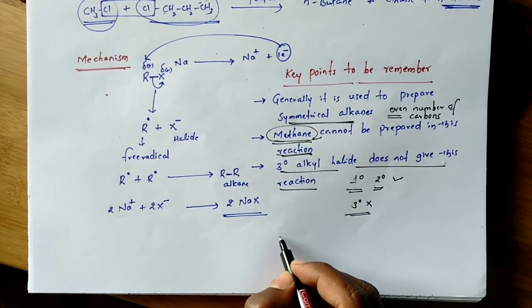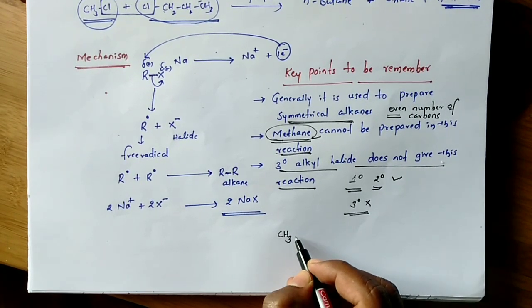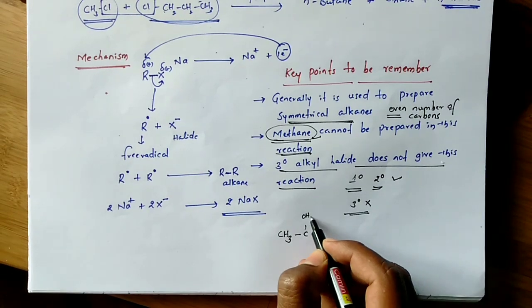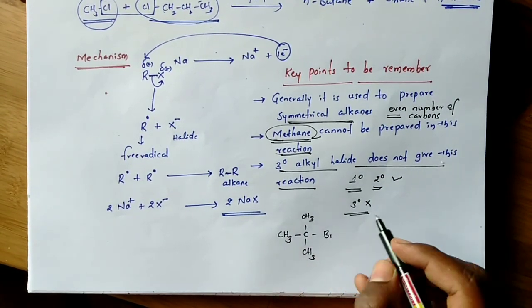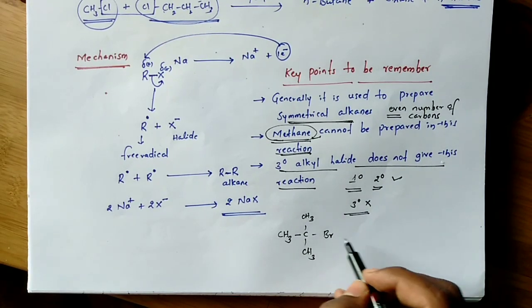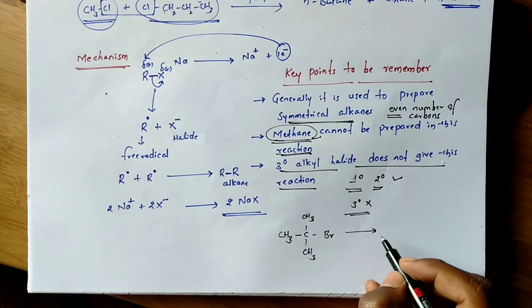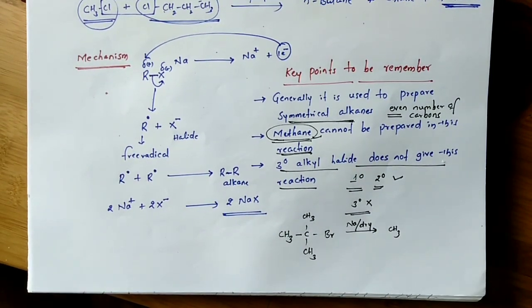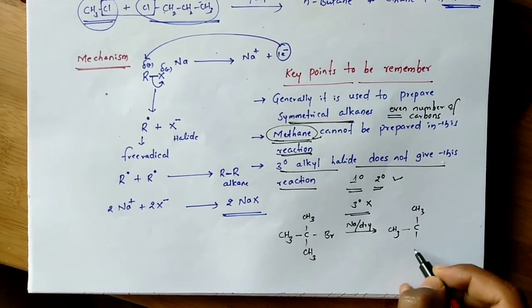What is the reason? For example, here I am taking one tertiary alkyl halide. This tertiary alkyl halide will not give the Wurtz reaction. The product like this cannot be formed.